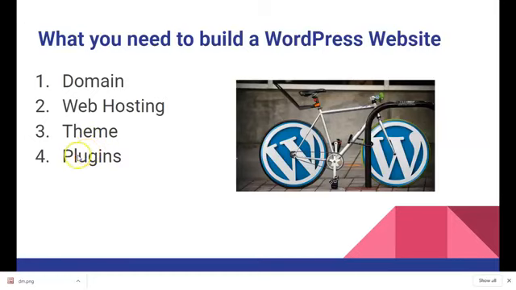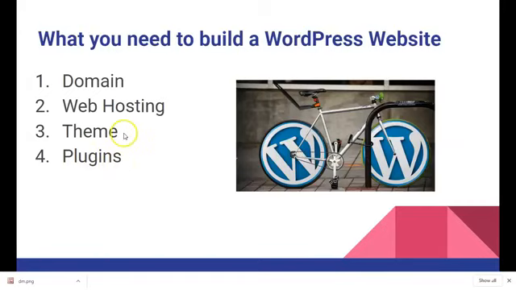And lastly, we are going to be needing plugins, right? So plugins give functionality to a WordPress website. That's the beauty of WordPress. There are lots of plugins available to add any sort of functionality you want to add to your WordPress website.